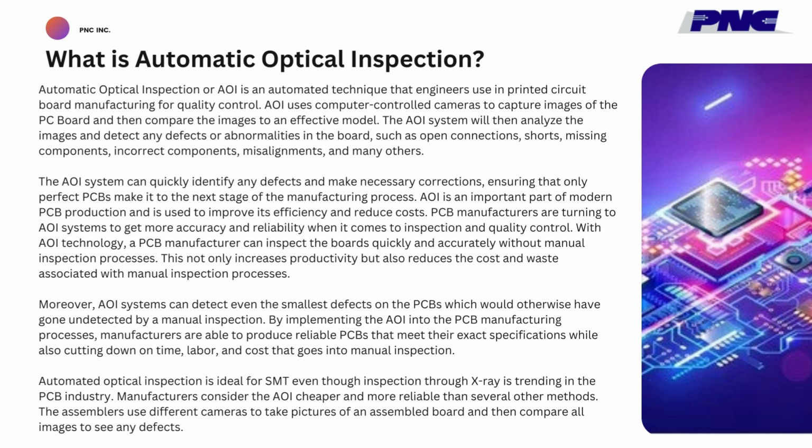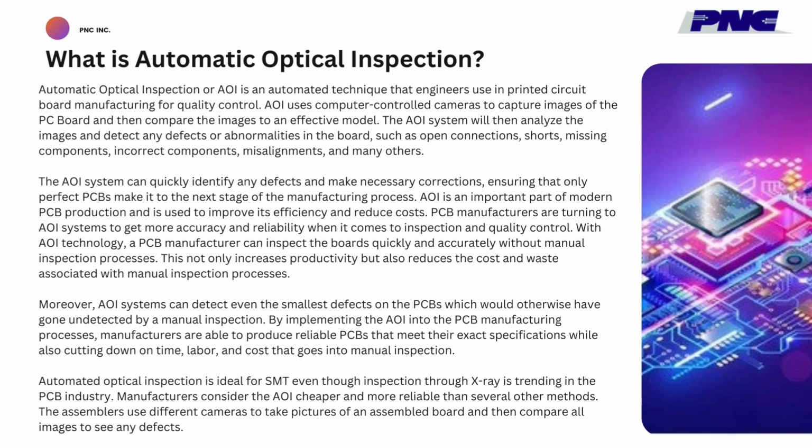AOI is an important part of modern PCB production and is used to improve its efficiency and reduce costs. PCB manufacturers are turning to AOI systems to get more accuracy and reliability when it comes to inspection and quality control. With AOI technology, a PCB manufacturer can inspect the boards quickly and accurately without manual inspection processes.